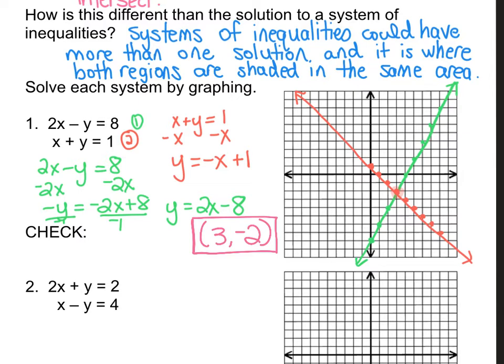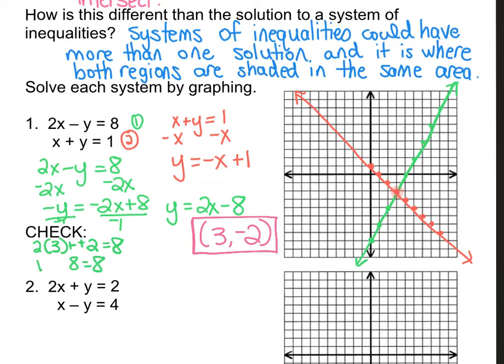So just to show you that you can check your answer, I'm going to take that first equation and plug in my x and my y value from my solution and make sure that it's true. So if I had 2x minus y equals 8, I would have 2 times 3 minus negative 2 equals 8. And I know that 2 times 3 is 6, and that would be plus 2 equals 8, 8 equals 8.